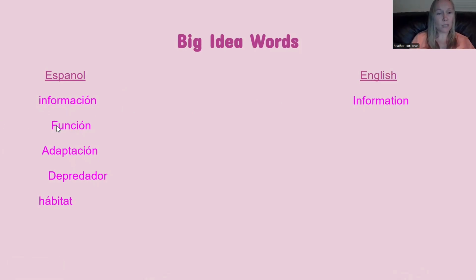I would do the same routine for the remaining words on the anchor chart. However, I already anticipate that my students are maybe not going to know what function or adaptation means because this is what we're teaching.